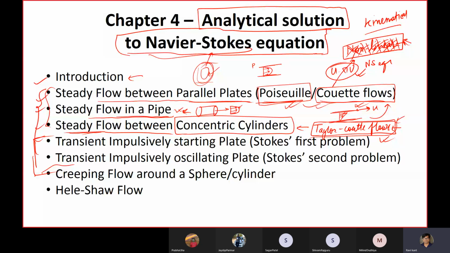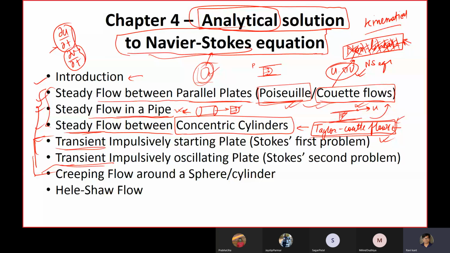Here, transient means you have not achieved steady state conditions, so all the unsteady terms, dou u by dou t and dou v by dou t, will be intact, and we'll look closely at how these work. For transient fluid flow scenarios, you are not going to ignore your unsteady terms, and including these transient terms, we are going to seek analytical solutions as well.